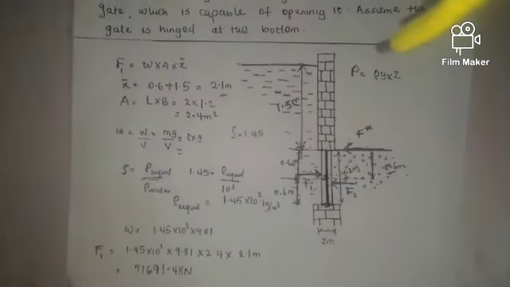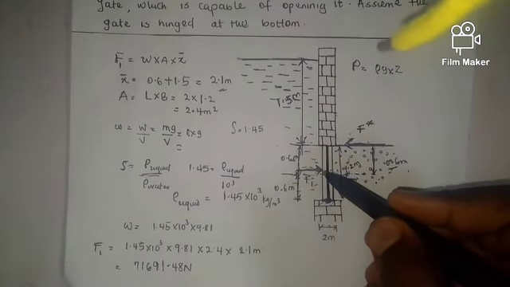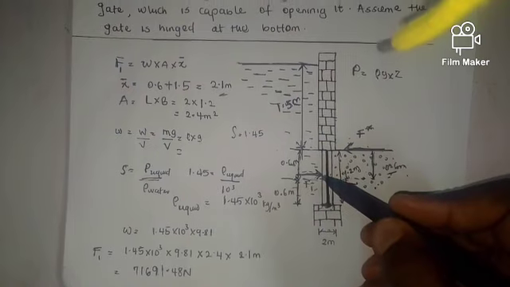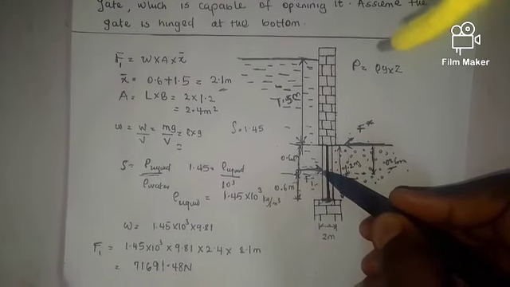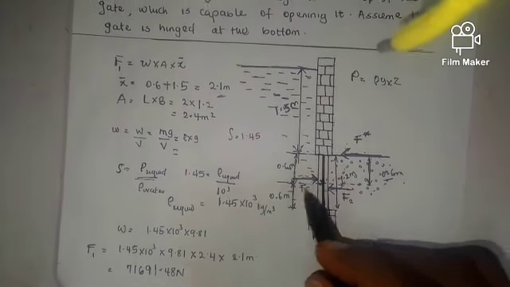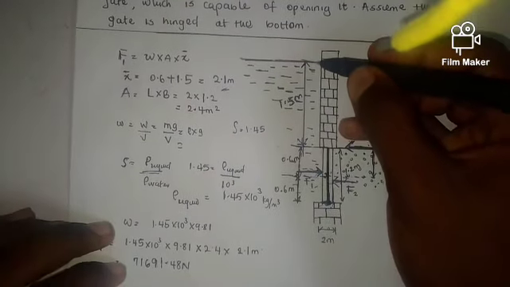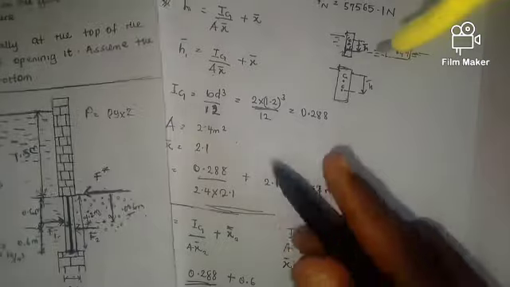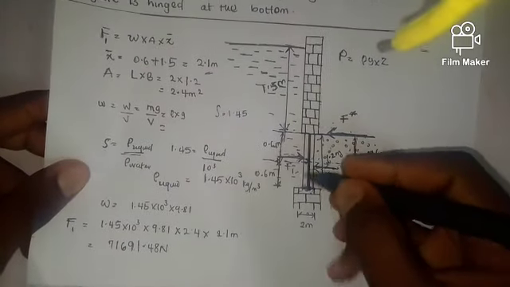The point at which this force is acting is my center of pressure. Like I said, the point in which your pressure is acting is your center of pressure. So my center of pressure with respect to this horizontal surface is what we calculated as 2.14157. Remember, I'm looking for the distance from here to here.